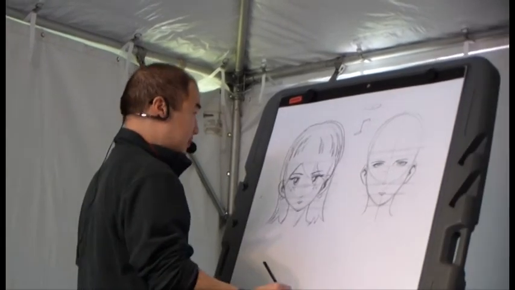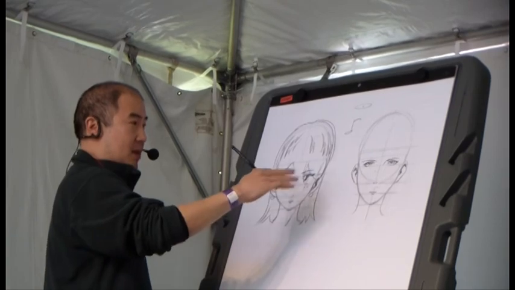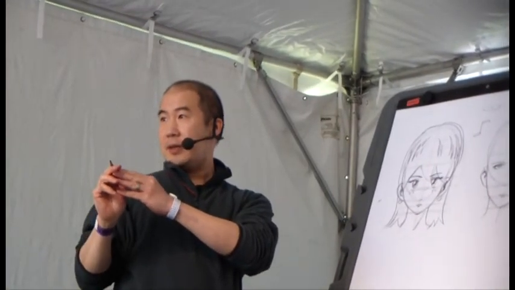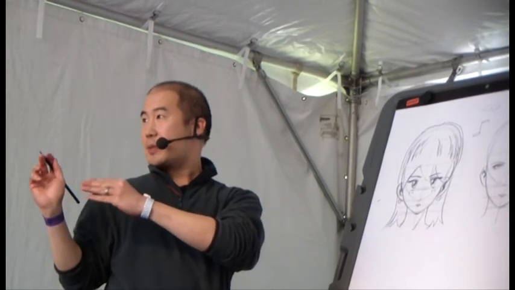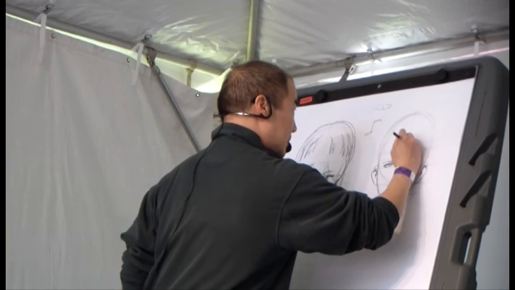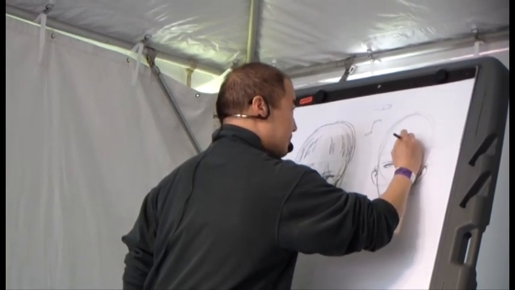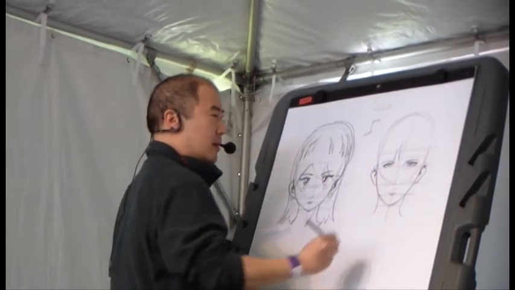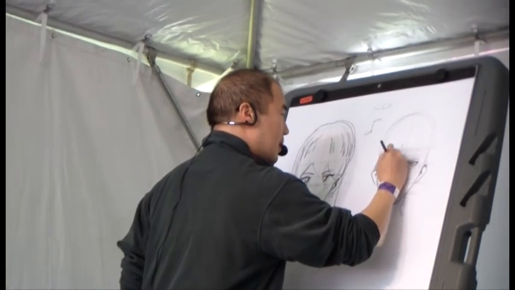Hair. Now approach it exactly the same way, starting from the center, except I want to take more time and make sure that each shape is a little bit more specific. What I mean by specific is people rush.